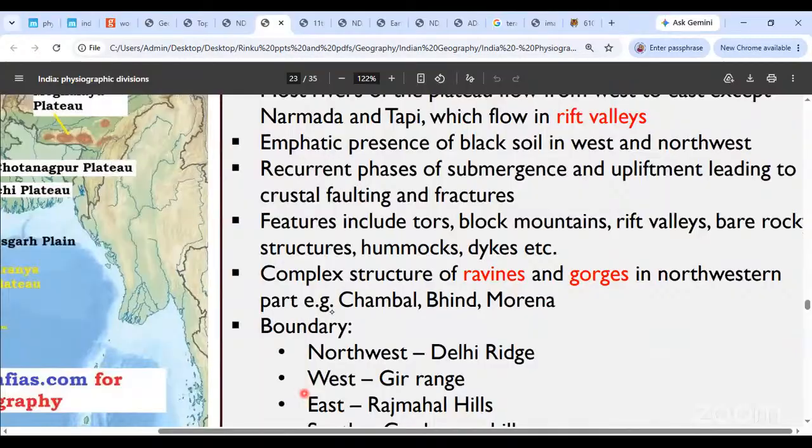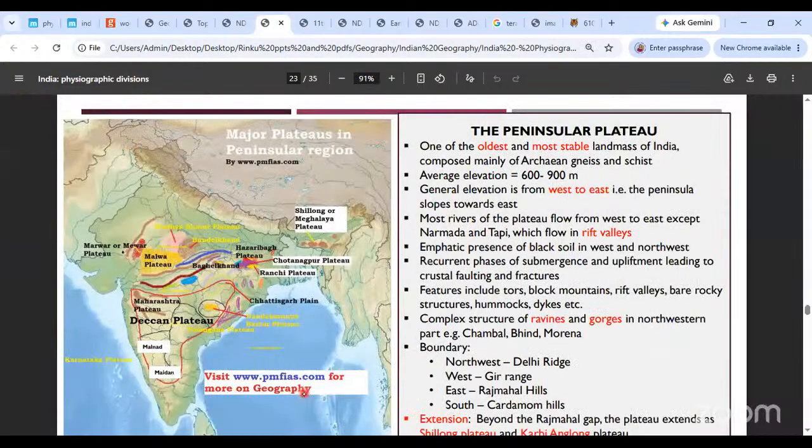Now let's understand a few things about the Peninsula Plateau. The Peninsula Plateau happens to be the oldest, most stable landmass. But just because it is oldest and stable does not mean it has no evidence of seismic activity. I had seen a question where somebody marked an answer saying that since it is the most stable landmass, we clearly do not have enough seismic activity. That's not true.